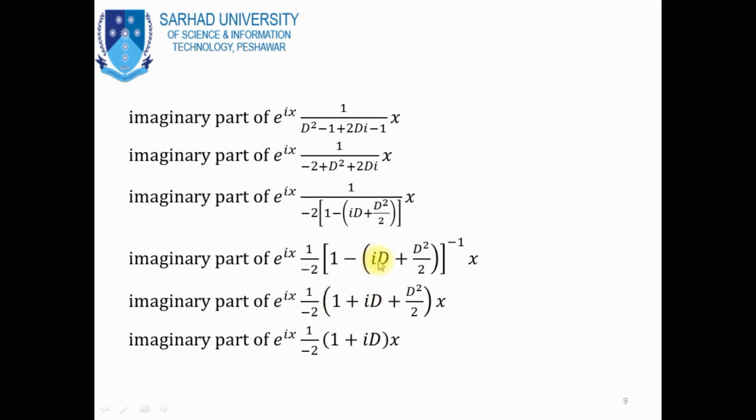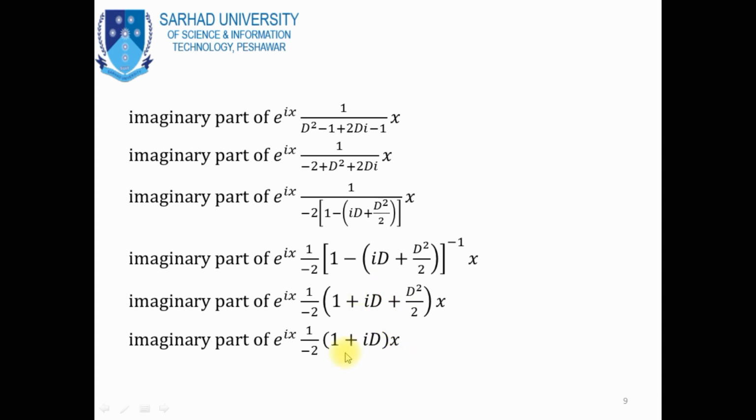So 1 plus (iota D plus D square by 2) into x. Now multiplying this x, 1 and iota D and plus D square by 2, but we don't need the power of D square and higher power of D. So we neglect D square and higher power of D. So 1 plus iota D into x.